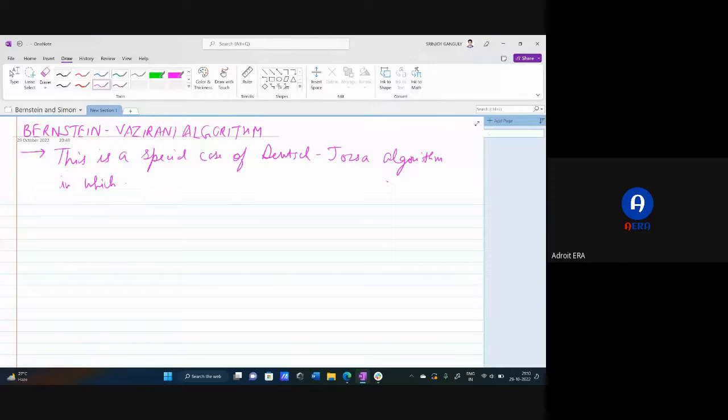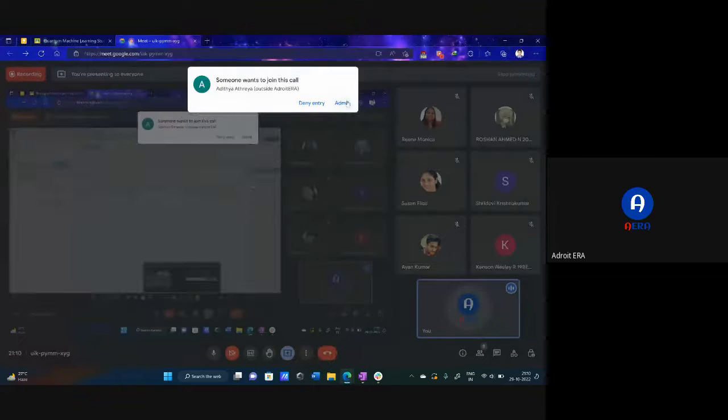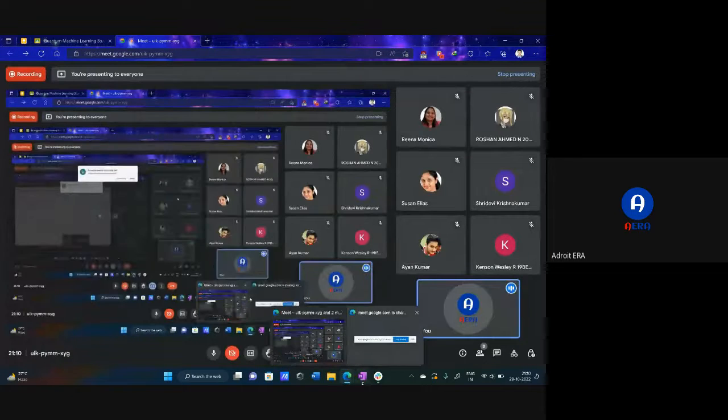In the case of Deutsch Jozsa, we were saying that we have some sort of unknown function. We do not know what that function is, whether it is constant or balanced. We were trying to find out whether the unknown function is constant or balanced. The way we were constructing those unknown functions was using a particular pattern of CNOT gates, or sometimes we use X gates for the constant oracle.